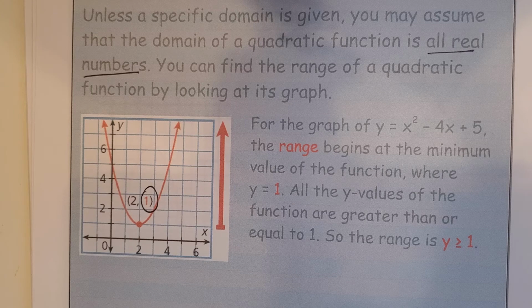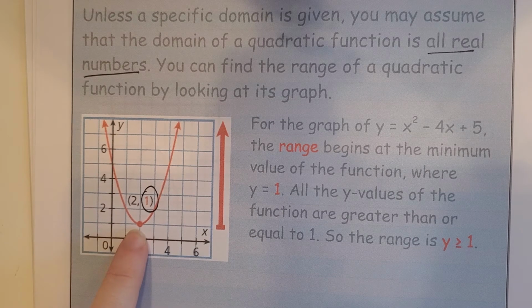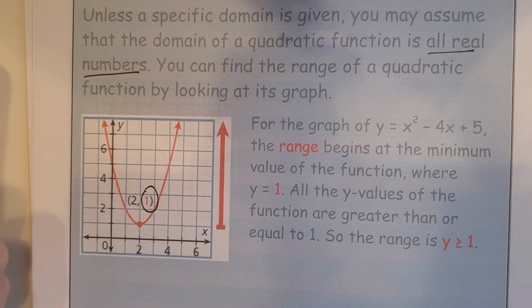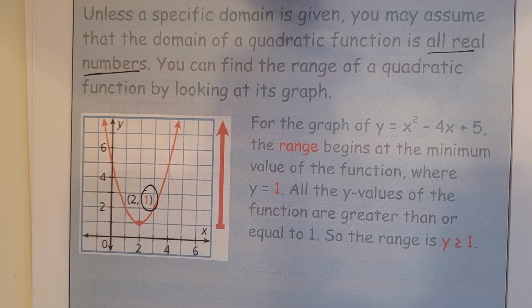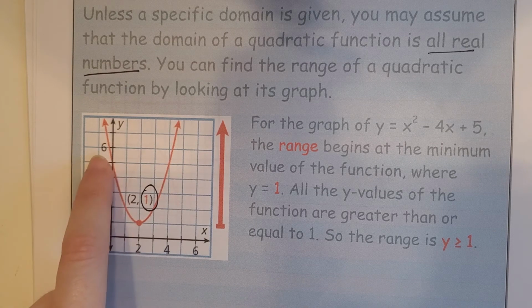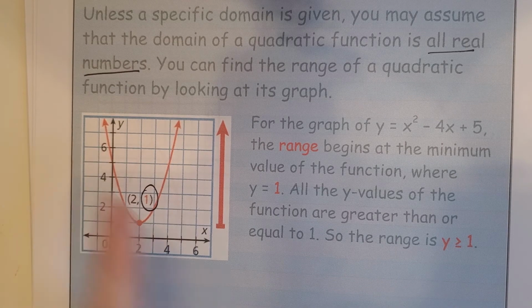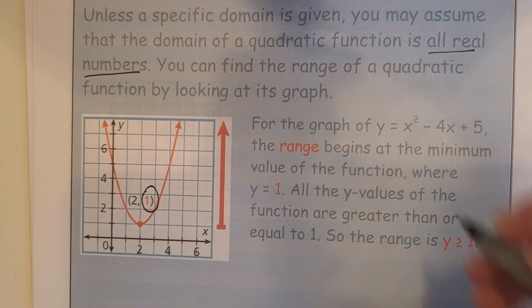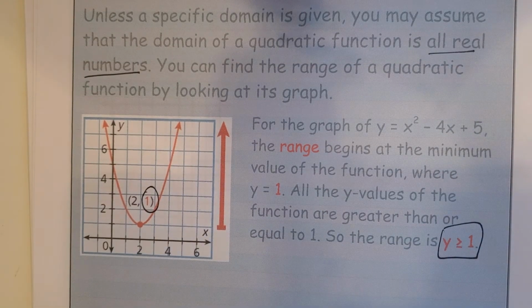And figuring out which one is pretty straightforward. If it's going up, your y values are going up. So all of the other y values are going to be bigger than 1. 1 is your smallest. Everything else is bigger. So the range of this function right here is going to be y is greater than or equal to 1.